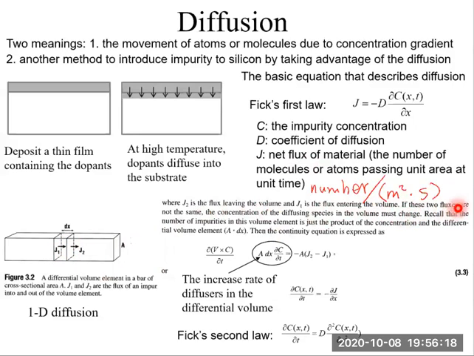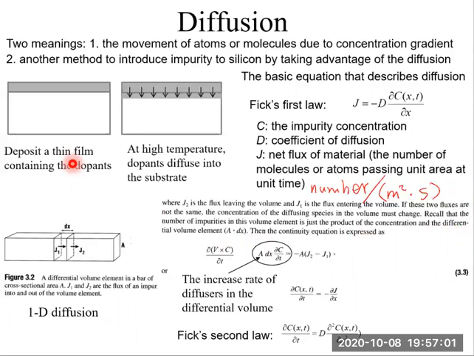Then if these two fluxes are not equal, the concentration of the diffusing species in the volume must change, or the number of diffusing species must change in this differential volume. This is kind of common sense, right? And the number of impurities in this volume element is simply equal to the product of the concentration and the differential volume element.